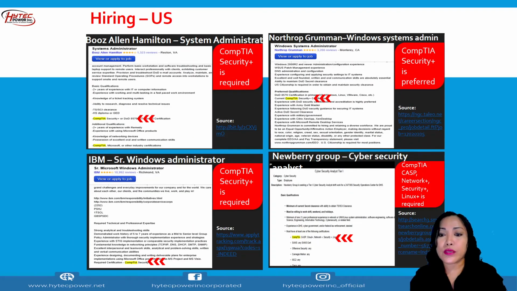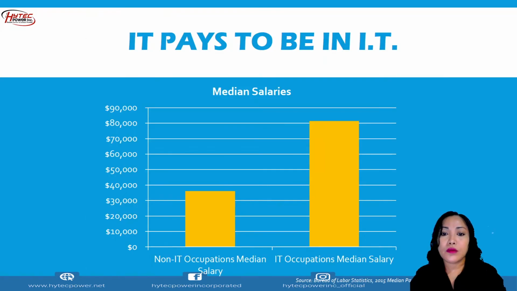Hiring in the US, CompTIA Network+, Security+, Linux+, and CASP+ is required and preferred. It all concludes that when you have a CompTIA certification, it gets you the boost you need to land a job, and it pays to be in IT.